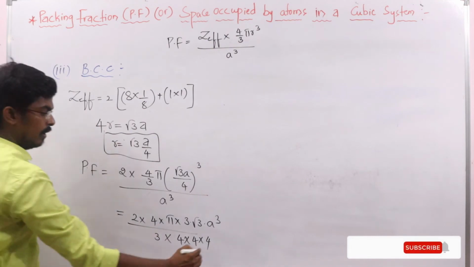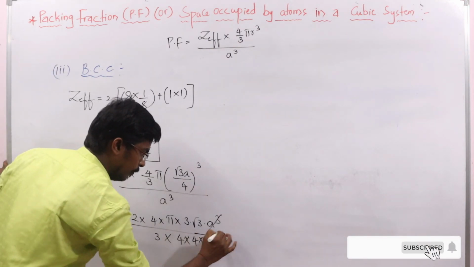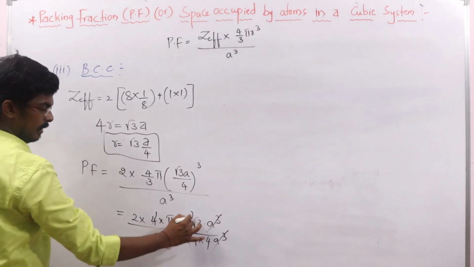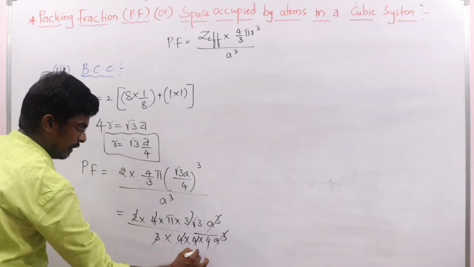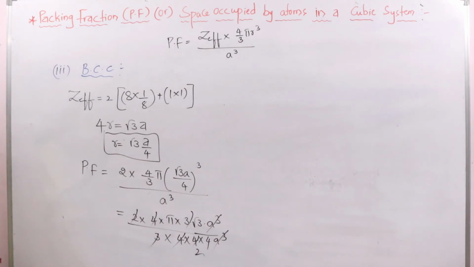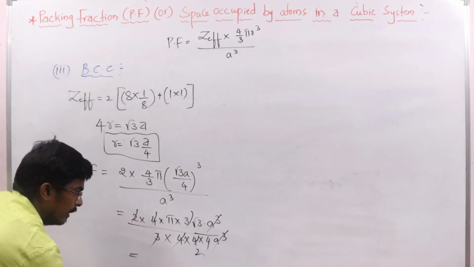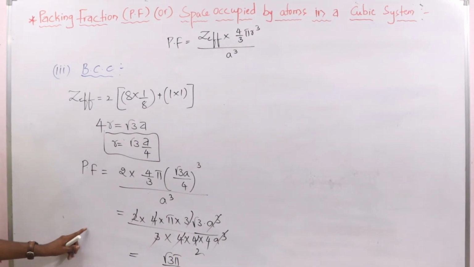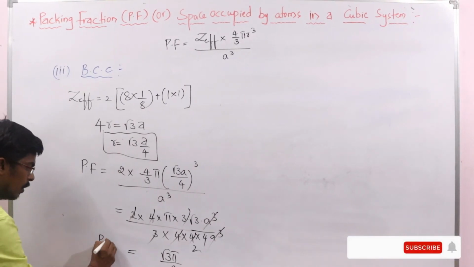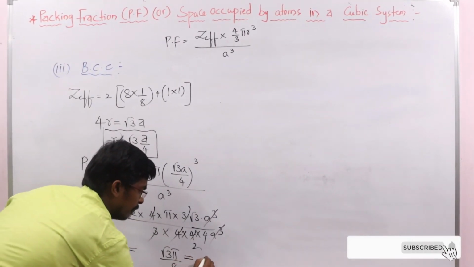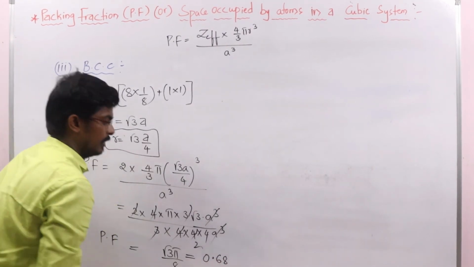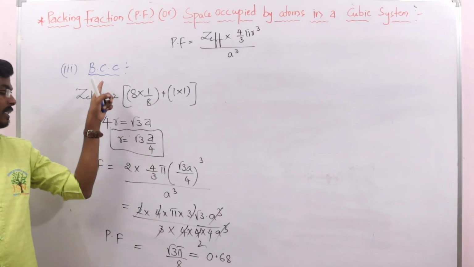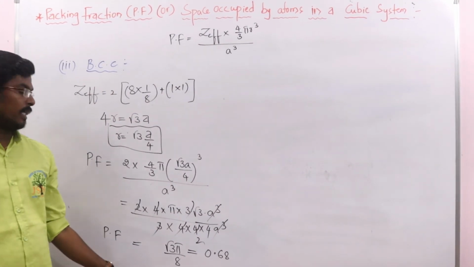Here a cube cancels with a cube, so 4 and 3 cancel. So how much is left? You are getting root 3 pi by 8. So packing fraction is equal to root 3 pi by 8, which is nothing but 0.68. So the packing fraction for body centered cubic is 0.68.